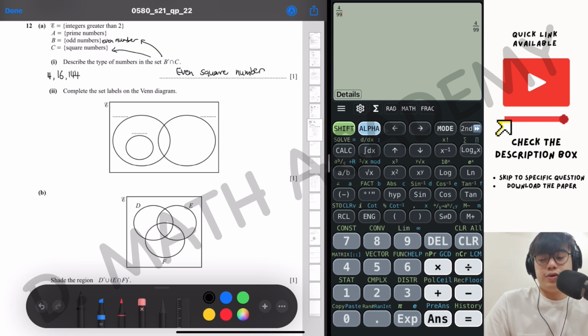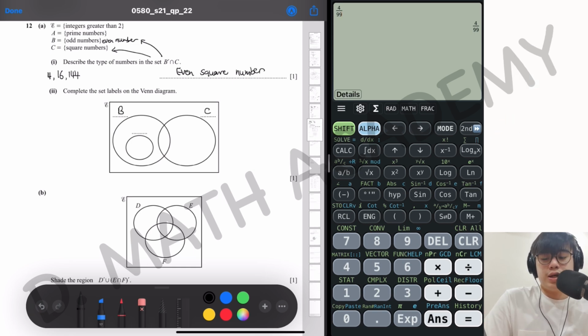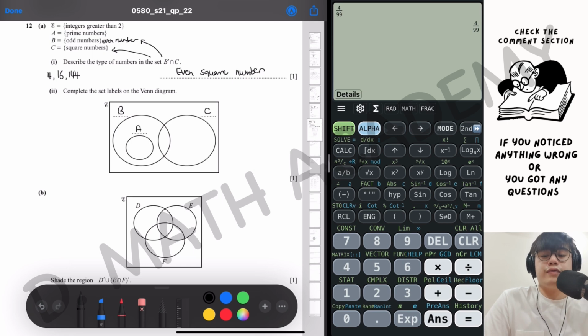So for part 2 here, I will fill up the graph first before I explain it to you. This one will be B, C, and A right over here. So if, let's say, I key in 1 to 10, then you can notice why I arrange it this way. It qualifies as odd numbers as well as squared numbers. That will be our 9 here.